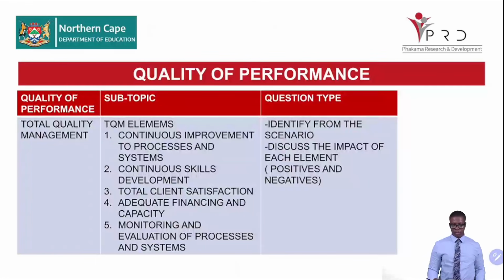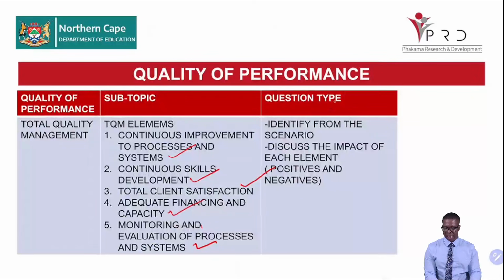Then we look into a structure that helps us to understand total quality management. With total quality management, you should know the meaning of total quality management, and also know the 5 total quality management elements. The first one is continuous improvement to processes and systems, followed by continuous skills development, then total client satisfaction, then adequate financing and capacity, then monitoring and evaluation of processes.